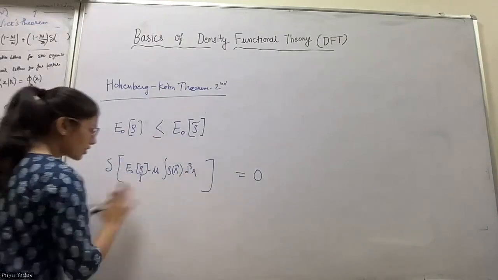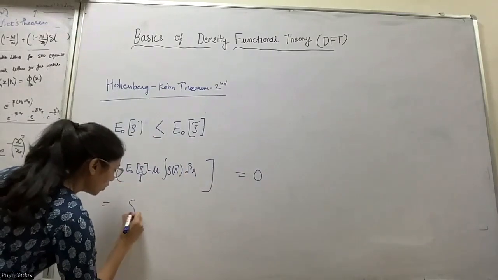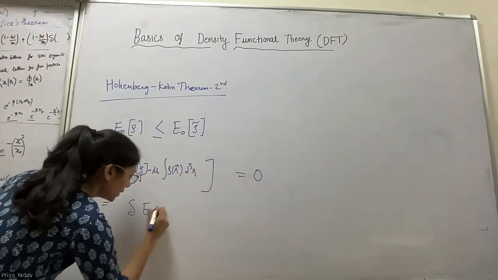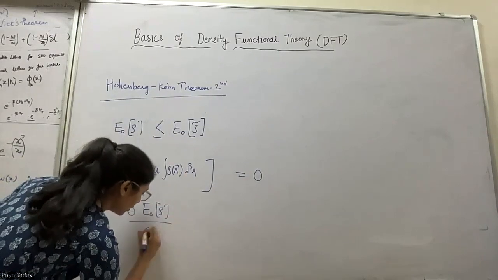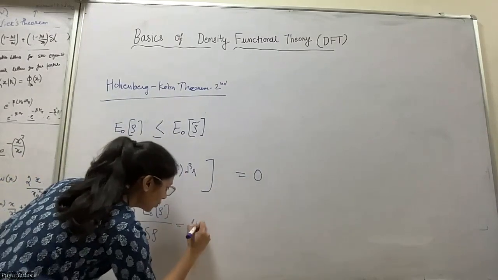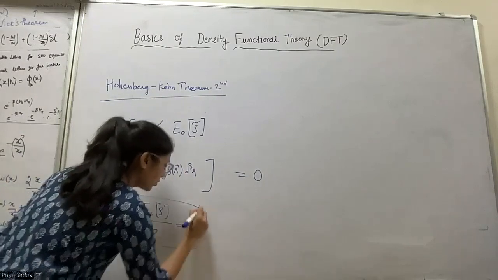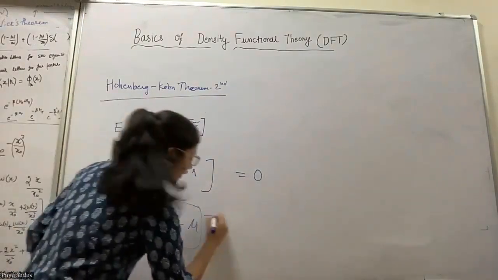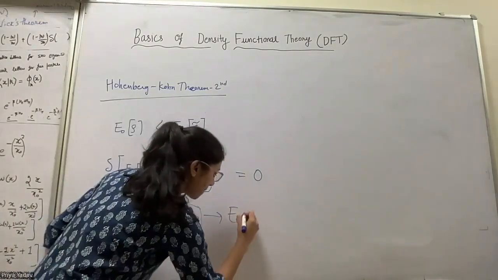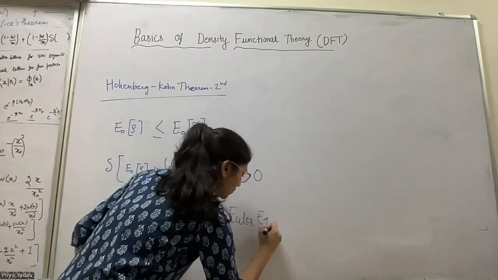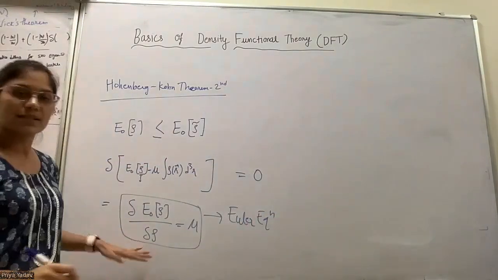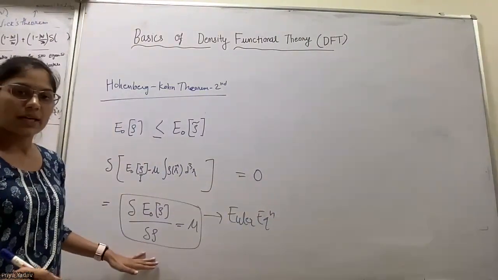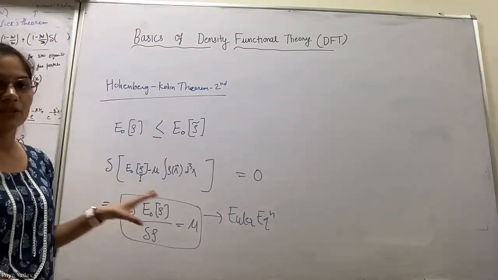Now if I do the functional derivative with respect to rho, it gives me delta E[rho]/delta rho equals mu. This is known as the Euler equation, and this equation is the governing equation for density functional theory.